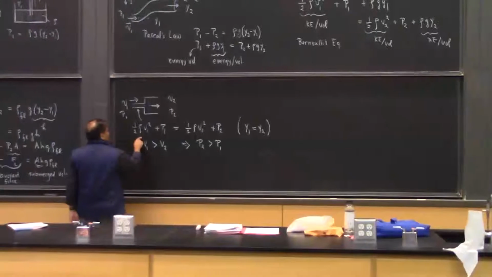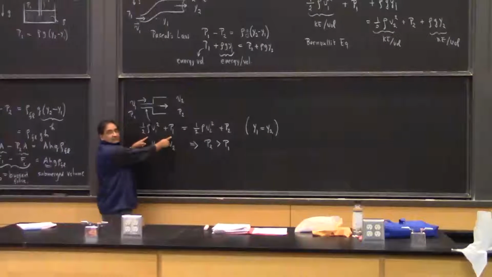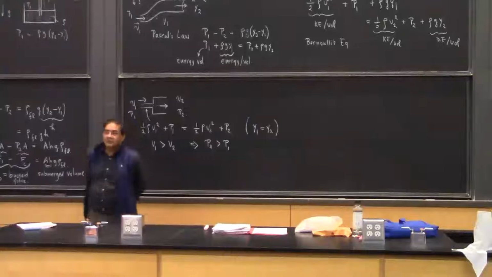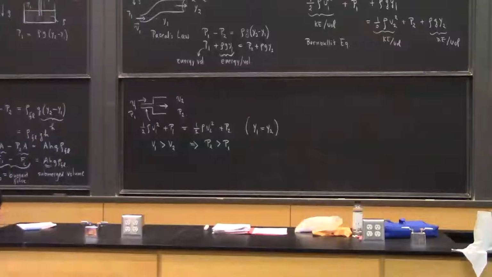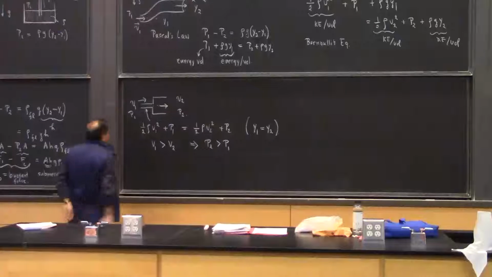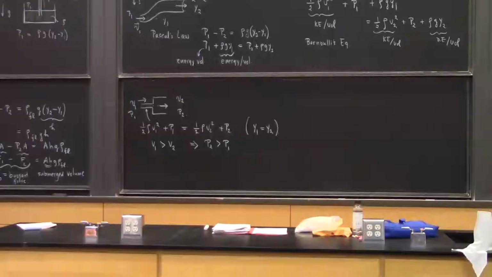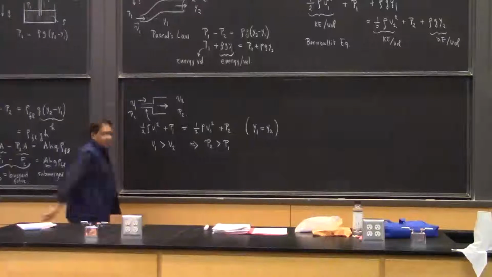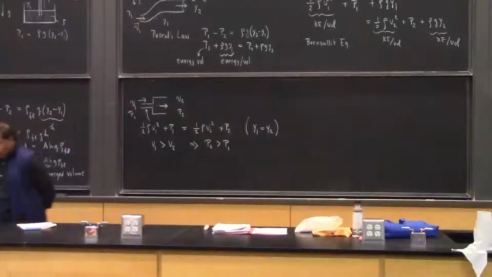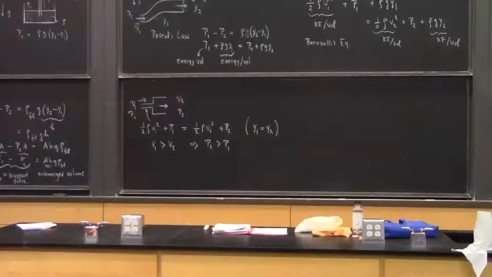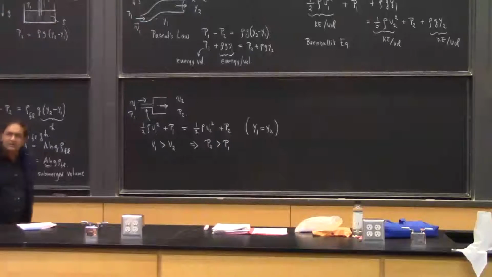If this term goes up, then correspondingly the pressure should go down. And that's exactly what happens in our bodies. So that's why exercise is very good for us, because it lowers our blood pressure, which is something that we develop as a function of time, whether we like it or not. Most of us develop that. And you can have a very simple understanding of this very non-intuitive result from Bernoulli's equation. So it's very useful in that way.